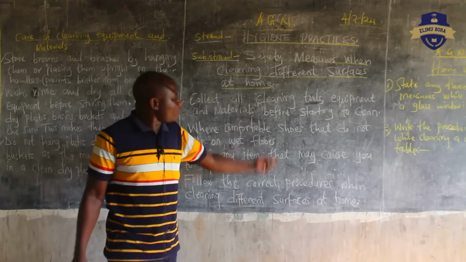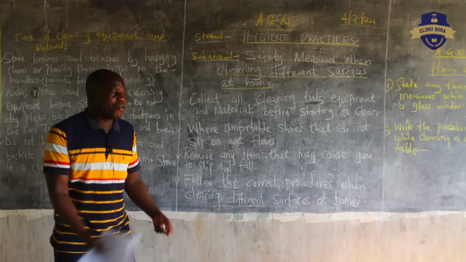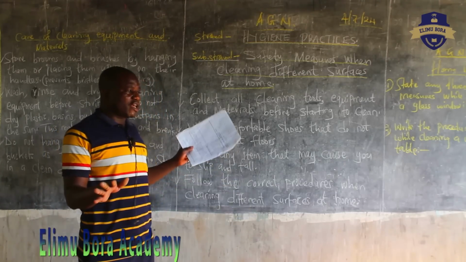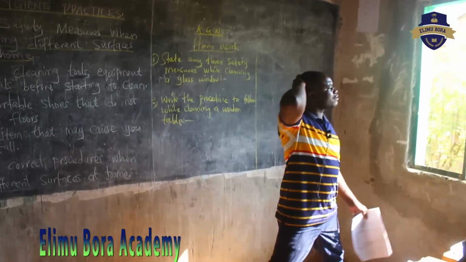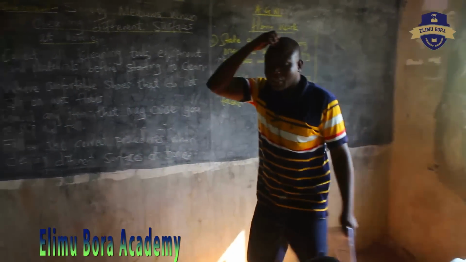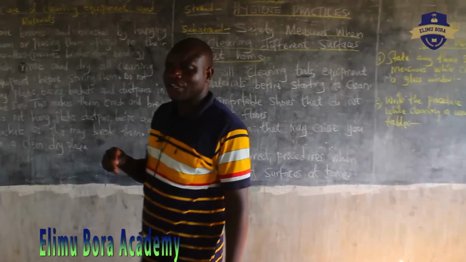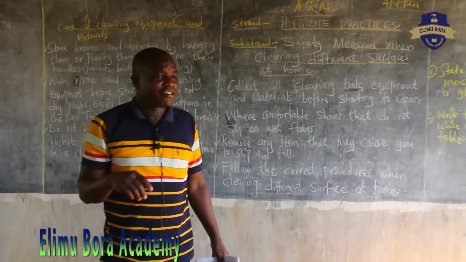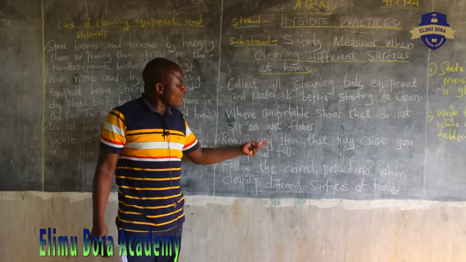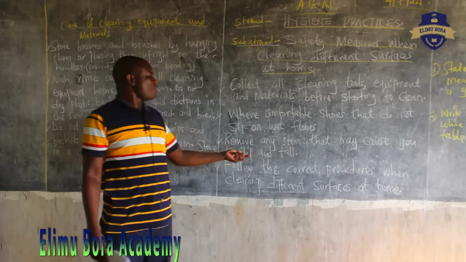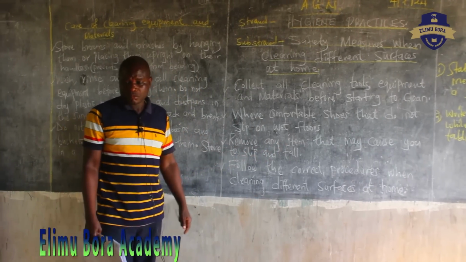Assume you did not throw them away, they are just lying there, and you come running to wash the glass window pane. You hit your head on the glass. Then accident has occurred. So we are saying remove any item that may cause you to slip and fall.